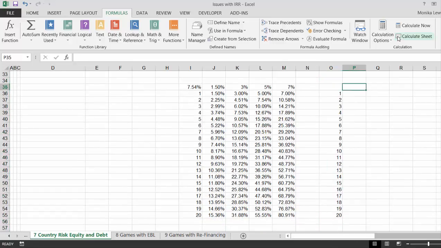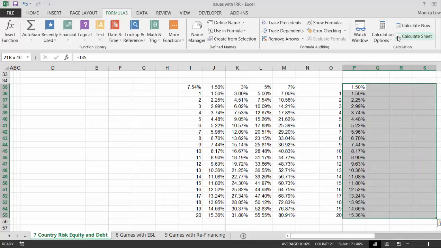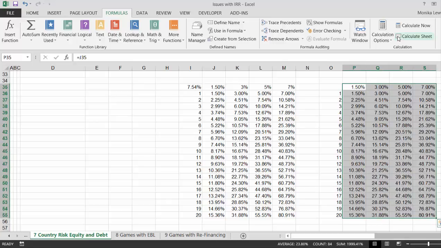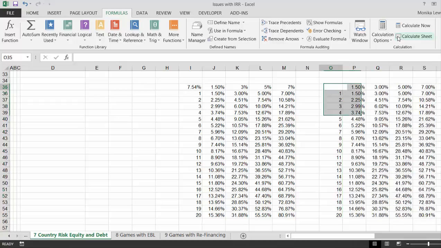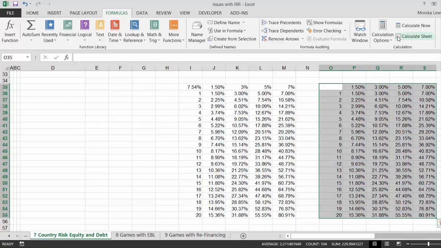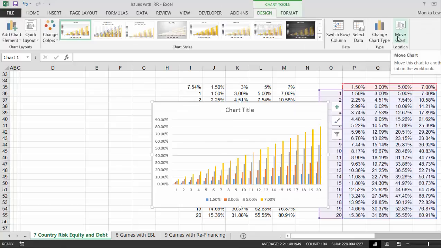Like this. Control D, Control R, and then let's make this graph, and then Alt F1, and you can see how the kind of... would a line be better like this here, you think?